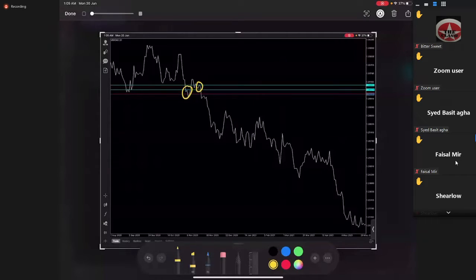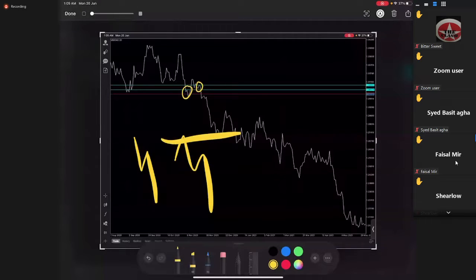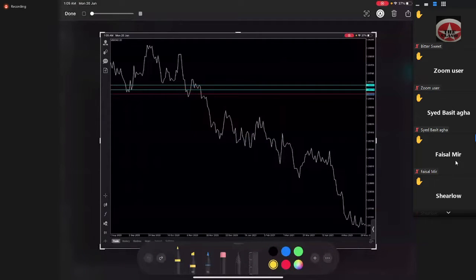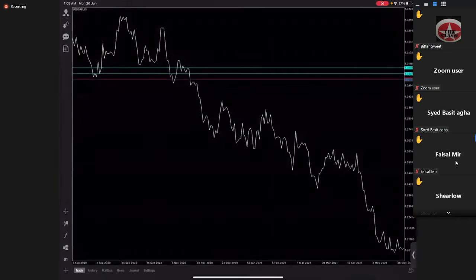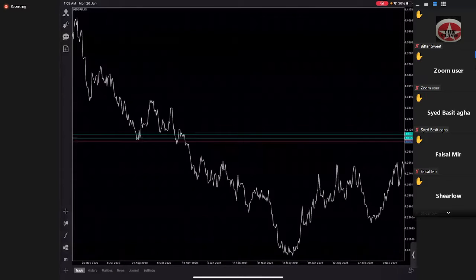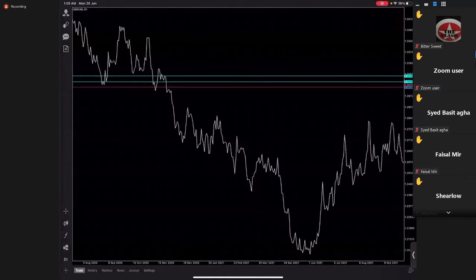First find this one and this one for sell. This one and this one. Okay, this is daily zone. Daily. How to entry?